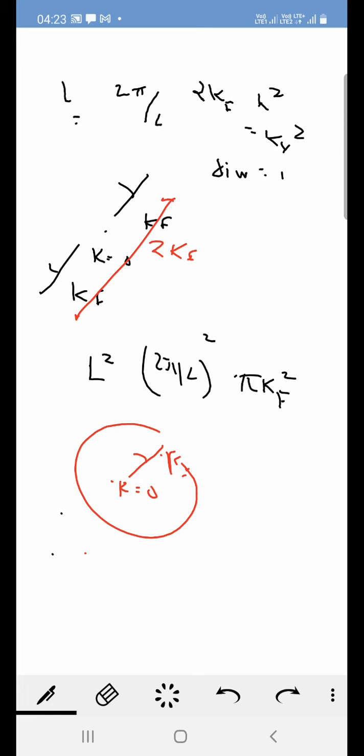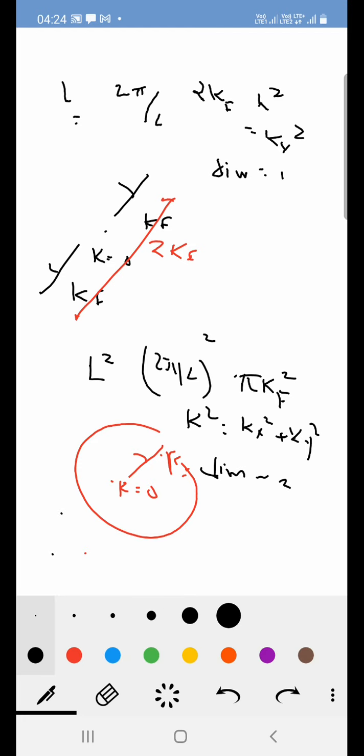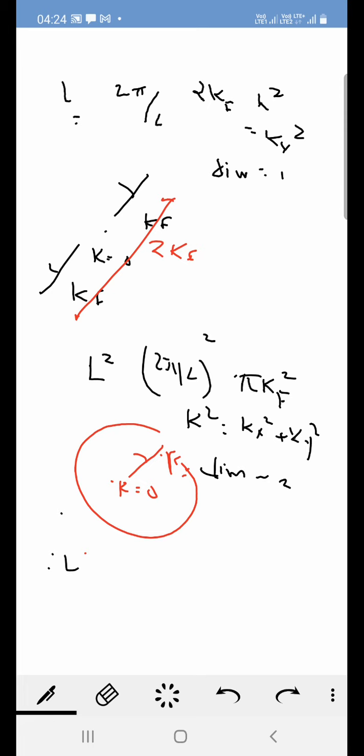And of course k square will be kx square plus ky square, or ky kz or kz kx, whatever. And the dimension is of course 2.